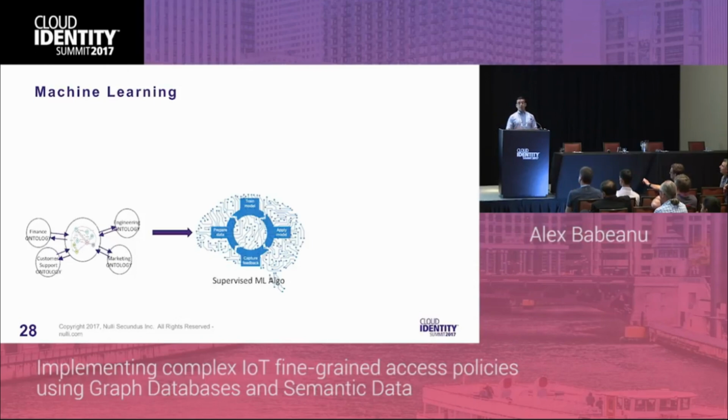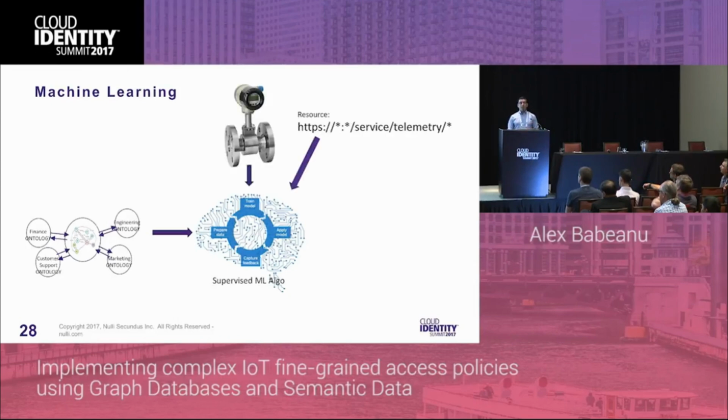If you already have your graph, it would be easy, well, not easy, but you would be able to use this data and train your supervised algorithm. That could then make policy decisions for you and generalize your access policy decisions. And that could feed back into the model itself, because graphs are dynamic, so why not also update the graph as you go?